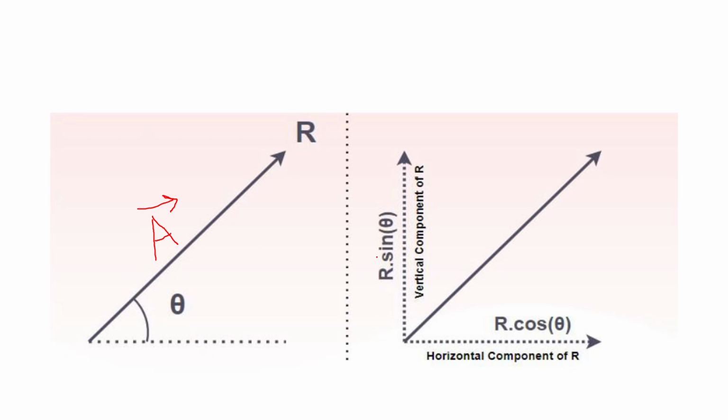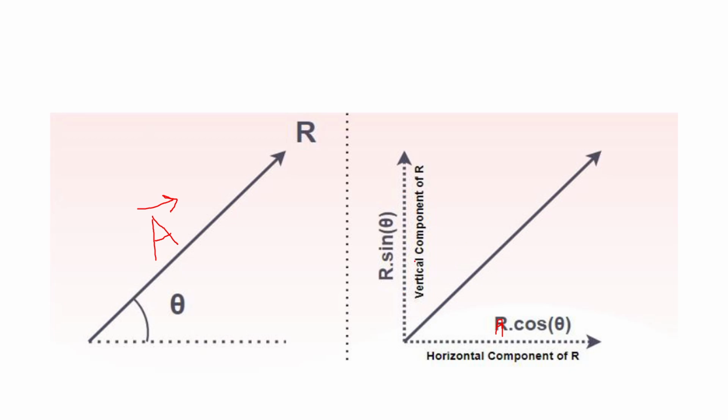Now how to resolve this? The horizontal component will be r cos theta, sorry, A cos theta, because we are taking the vector as A. So A cos theta will be the horizontal component, and A sin theta will be the vertical component of that vector.